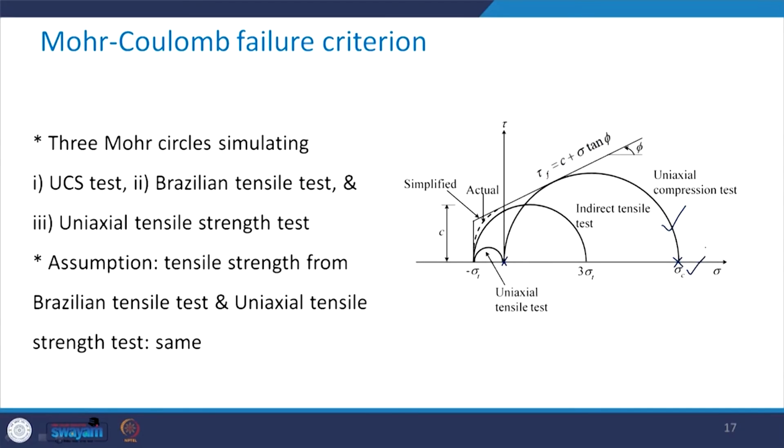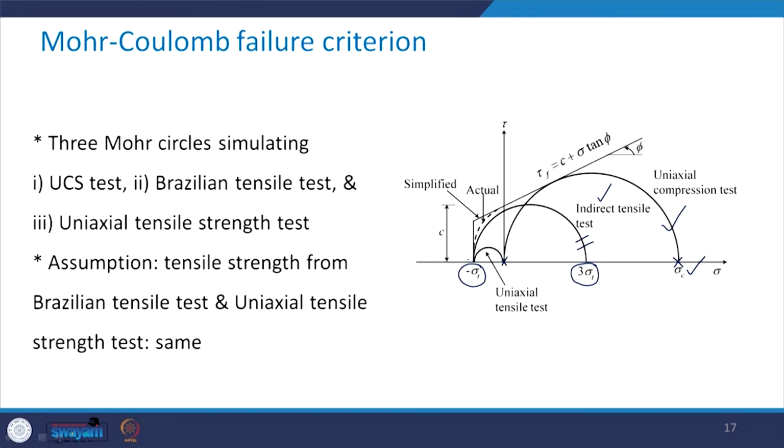The second one is the Brazilian tensile strength test or the indirect tensile test, which is given by this circle, and we have seen that in that case you have sigma 1 as equal to 3 sigma t and sigma 3 is equal to minus sigma t.